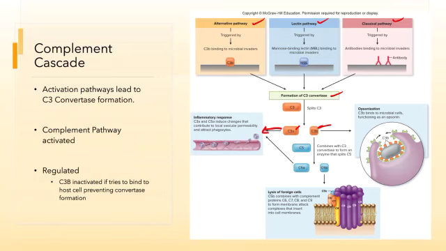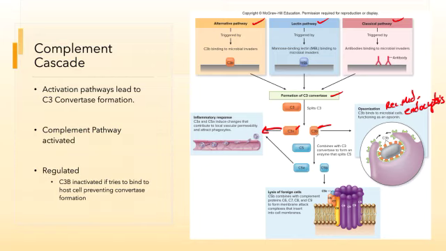These C3bs are ligands for receptors on many of our phagocytic cells, and this is how our phagocytic cells carry out receptor-mediated endocytosis. This is a process that phagocytic cells use in order to ensure not only phagocytosis of the microorganism, but actual destruction of it as well.